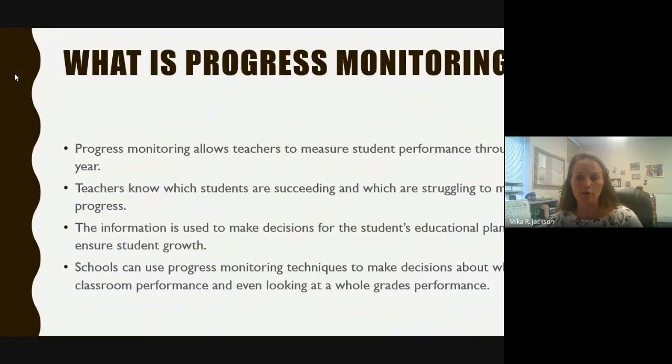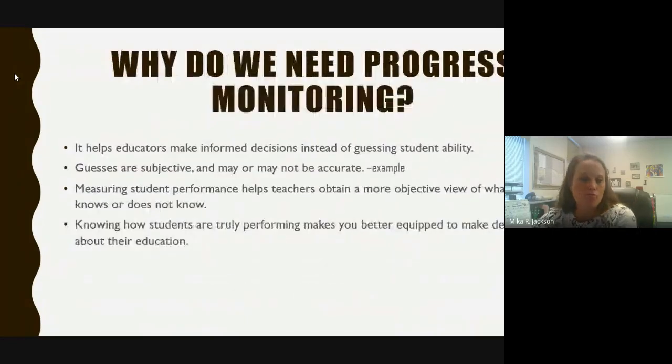So if you're looking at progress monitoring across the board and all of your first grade classrooms are doing well and you have one class that is underperforming, well, then you may have a problem just within that class. Or if your whole grade level is low performing, then you may have a problem with curriculum. So you can kind of delve into your issues just using progress monitoring.